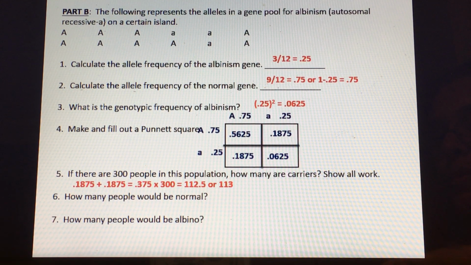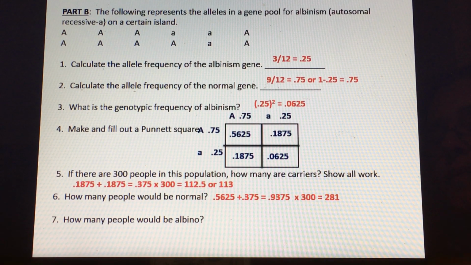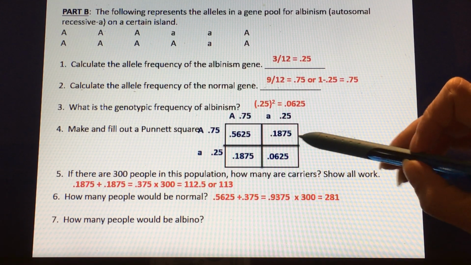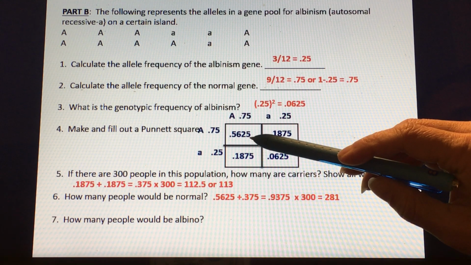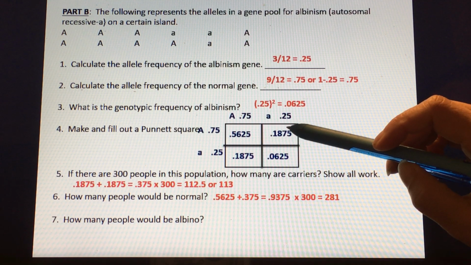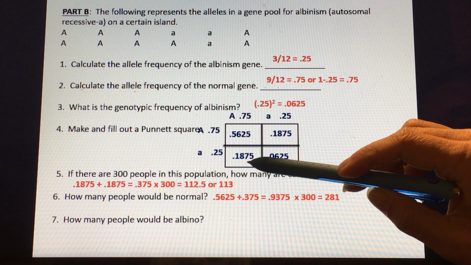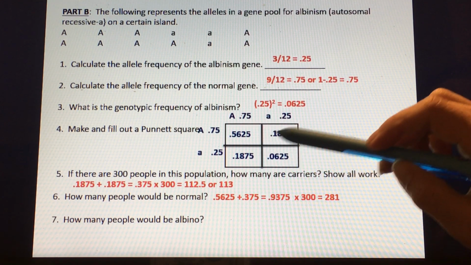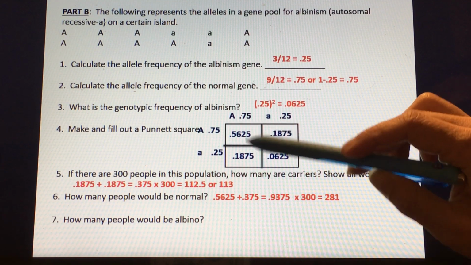So how many people would be normal? Well, you would take the homozygous dominant genotypic frequency and add it to the heterozygous genotypic frequency. So you add these three boxes together because all of these individuals are normal.